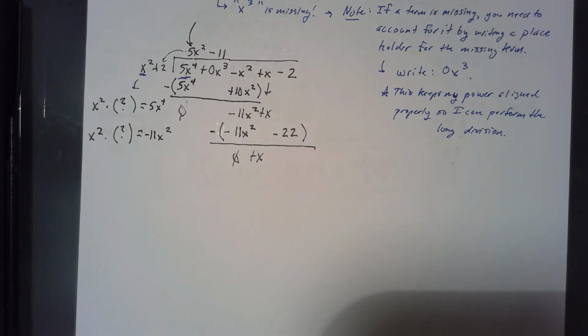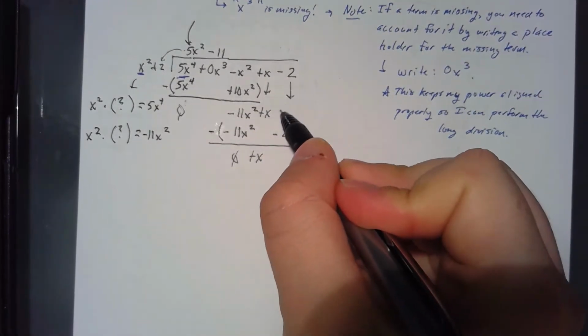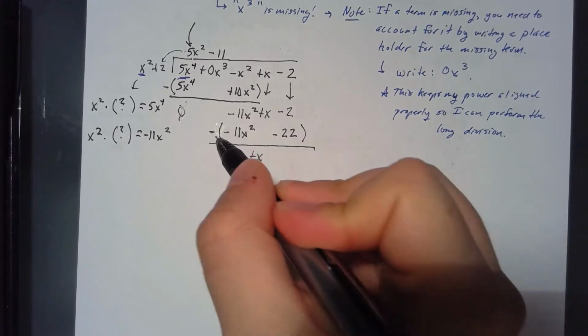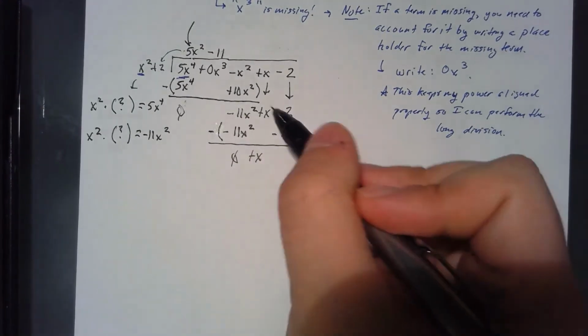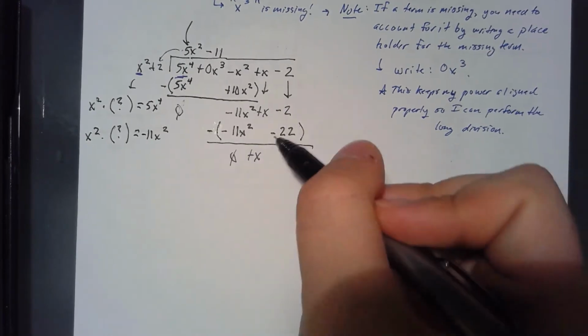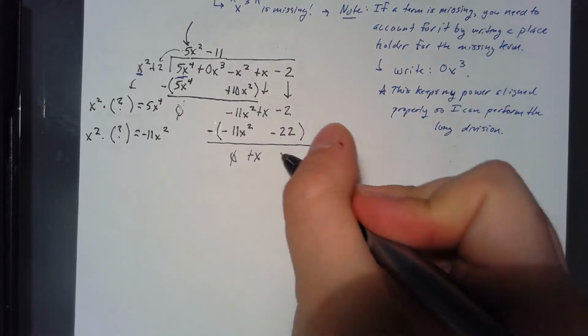And then I have negative 2 minus negative 22. So negative 2 minus negative 22 is negative 2 plus 22, which is plus 20.